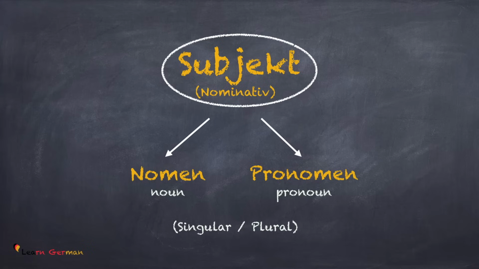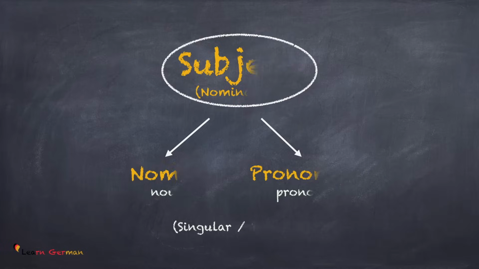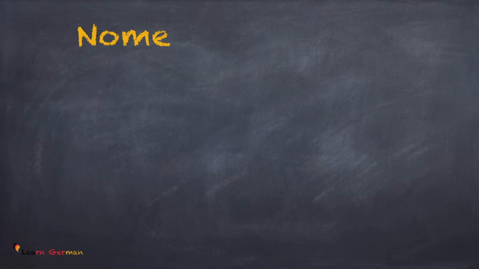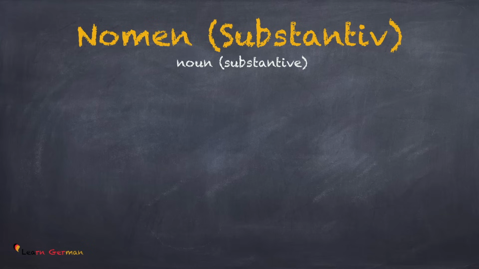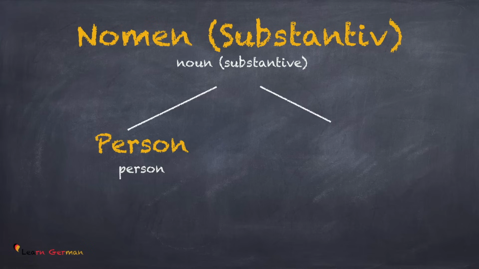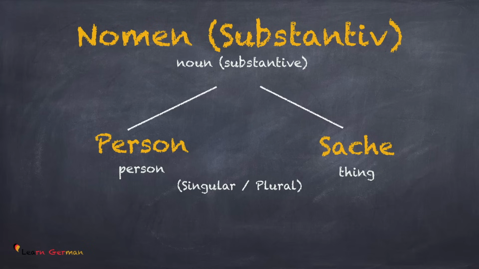In lesson 11, we already did pronouns. Now let's move on to the noun. Nomen, also known as substantive, can either be a Person or a Sache, and these can also be either singular or plural.